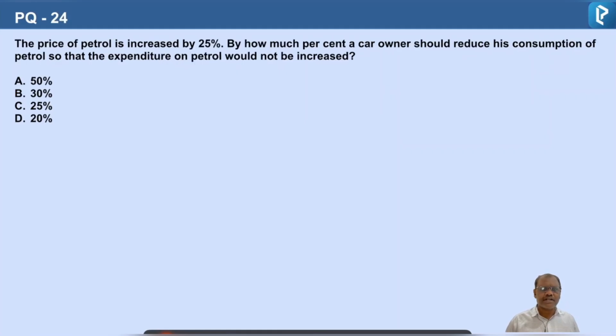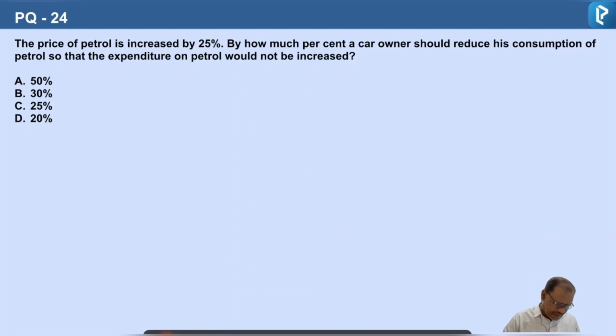Question number 24. The price of petrol is increased by 25%. By how much percent should a car owner reduce his consumption of petrol so that the expenditure on petrol would not be increased?